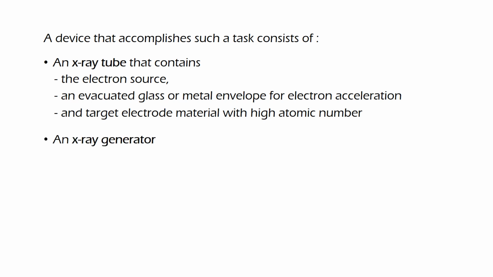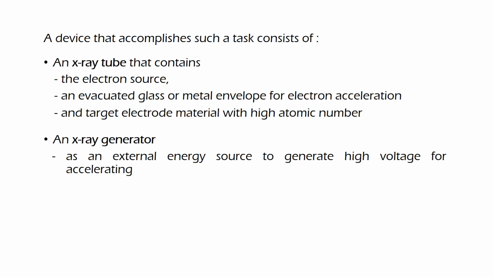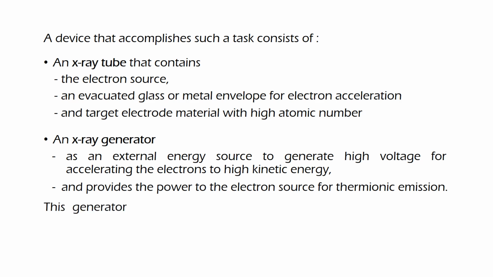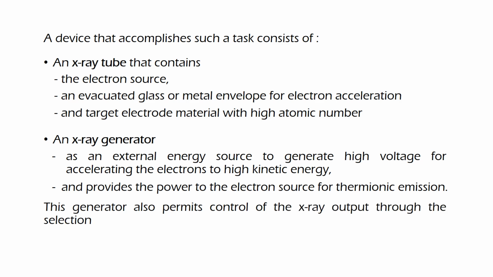An X-ray generator is an external energy source to generate high voltage for accelerating the electrons to high kinetic energy, and provides the power to the electron source for thermionic emission. This generator also permits control of the X-ray output through the selection of tube voltage, tube current, and exposure time.